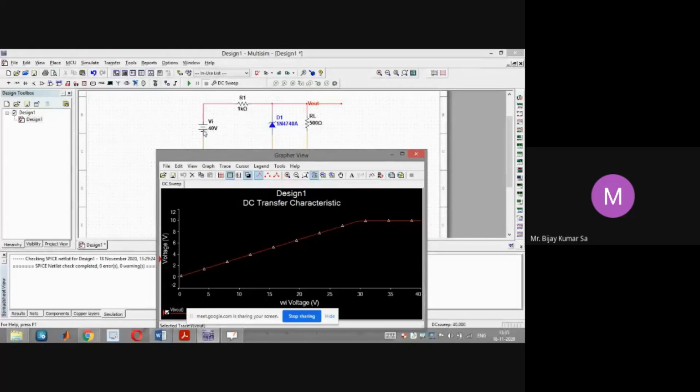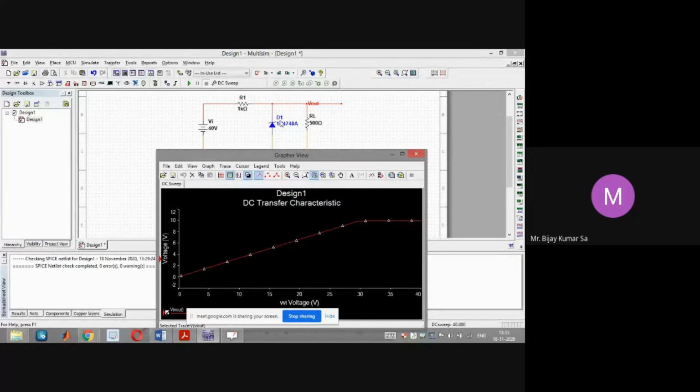And when you go on increasing this VI, this reverse current also gets on increasing. So if you increase this VI up to VI max or beyond it, it is resultantly letting the reverse current through the diode exceed that IZ max value.